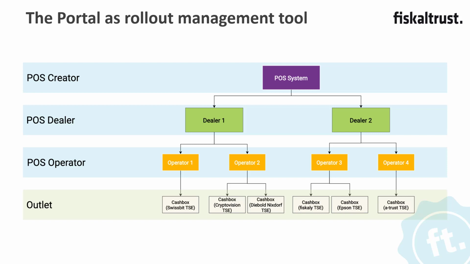When these are invited, maybe all of those have different outlets. That's also possible. Maybe it's the same legal company, but they just have multiple outlets to operate in. So those can also be configured in the portal. And then, for example, we can use the rollout management or any other kind of automation or manual operation to roll out the middleware together with your POS software.